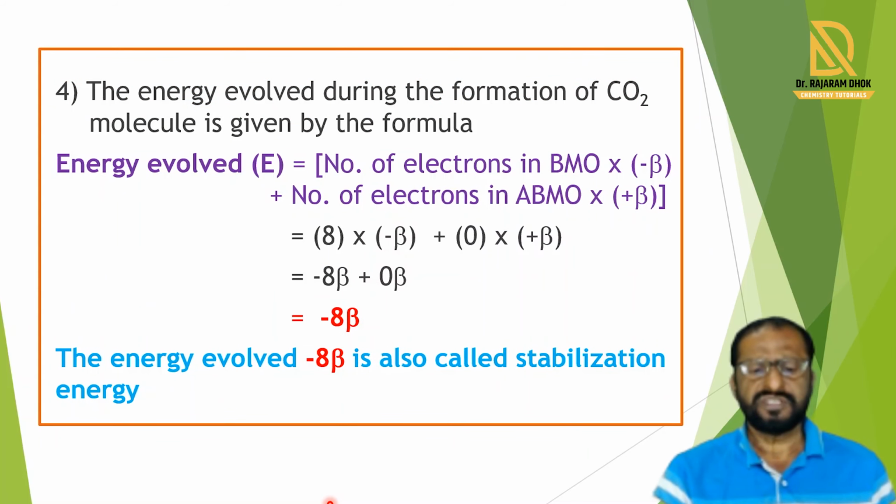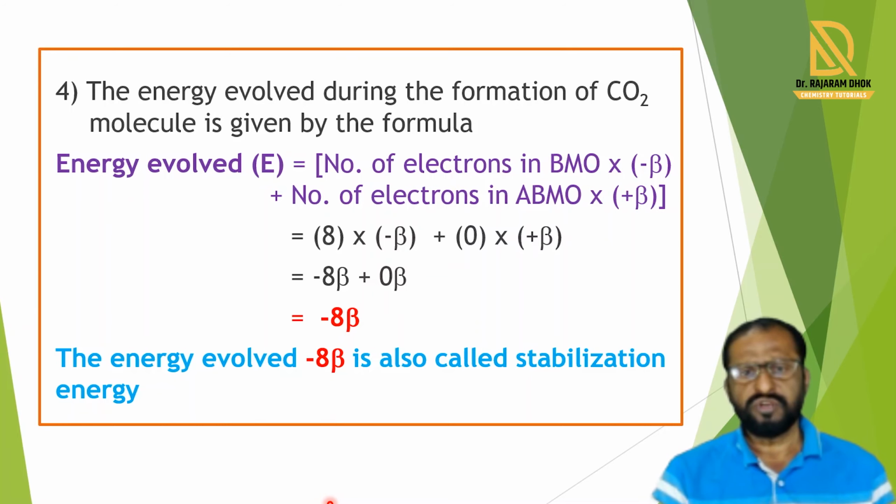Now we see the energy evolved during the formation of CO2 molecule. And this energy evolved is calculated by the formula: energy evolved E is equal to number of electrons in bonding molecular orbitals into minus beta plus number of electrons in antibonding molecular orbitals into plus beta.